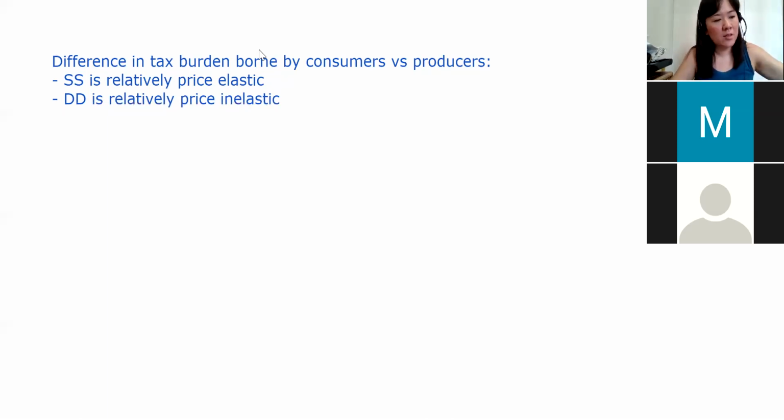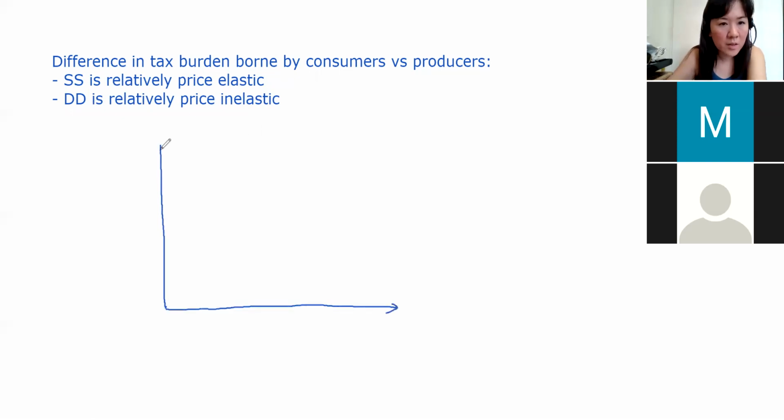Okay, so basically what we have over here is this. Price, quantity. All right, so supply is relatively price elastic, right? So that's where we have to draw a supply curve that's relatively gentle.